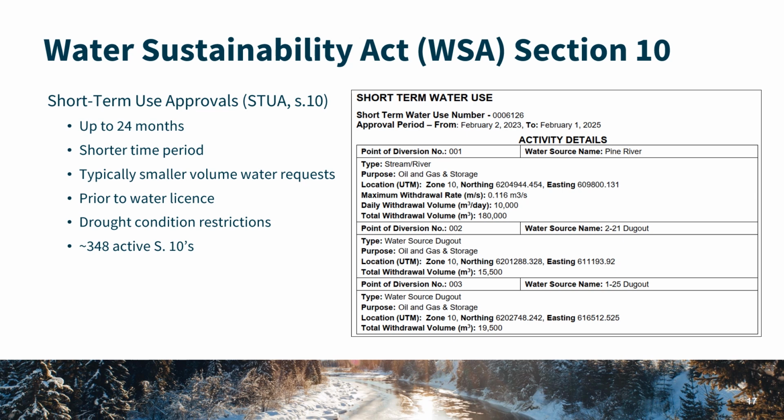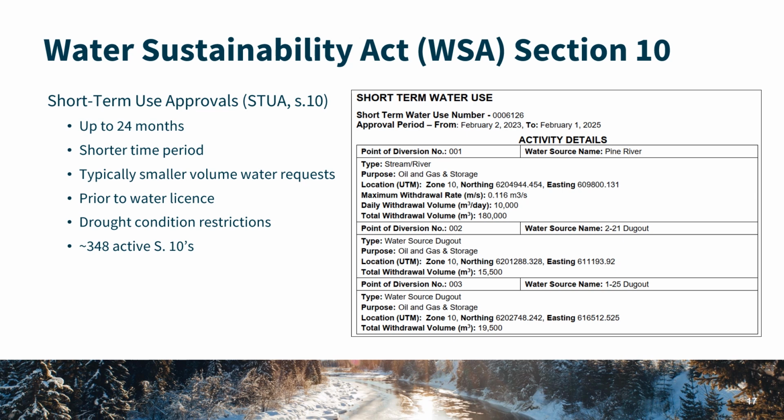Often when an operator is looking for a longer term license, they will apply first for these short-term use approvals so that they can gather data while they're using the water and make a more fulsome application package, so that we have more data to rely on to make a defensible decision. Section 10s typically have drought condition restrictions and are also subject to suspension in times of drought, which has been evidenced over the past few years.